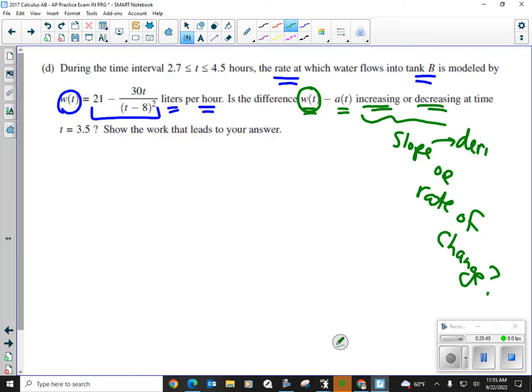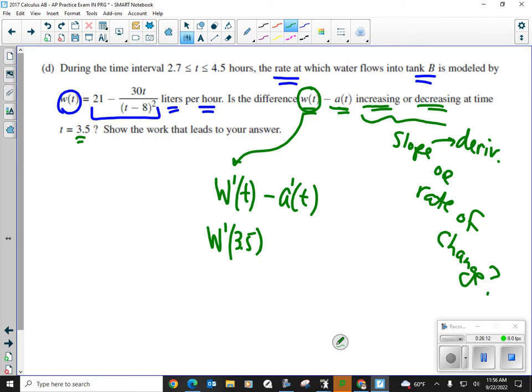So I want the derivative of this minus the derivative of this. Is the difference in those rates increasing or decreasing? And I want that at 3.5. So I'm going to take W prime of 3.5 minus A prime of 3.5. And by the way, your calculator has a derivative function just like it has the integral function. And that's all we're going to do.